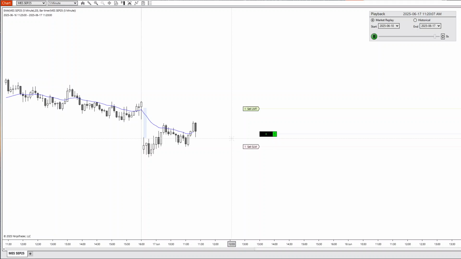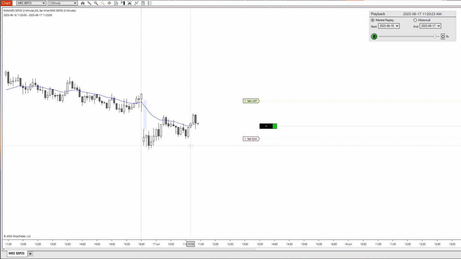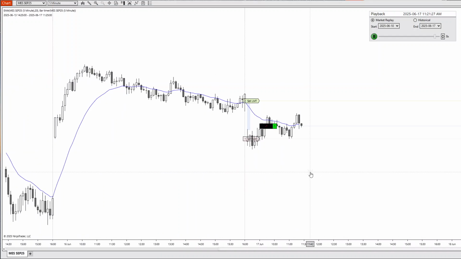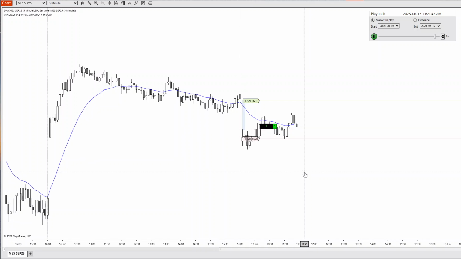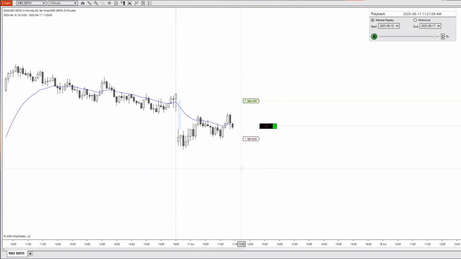I'll switch my position and sell 1 tick below it. That completes the leg 1. There might be a leg 2. Let me slow it down. If it goes 1 tick below that, I'm selling the market.